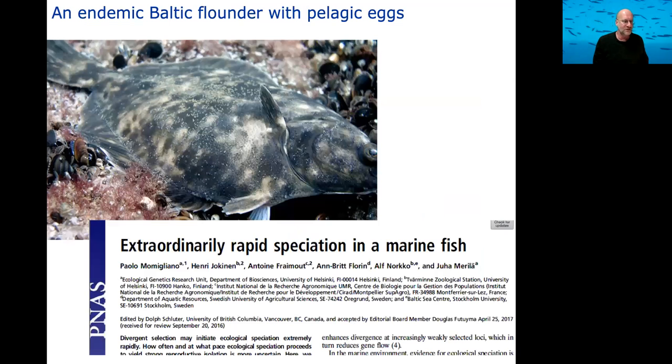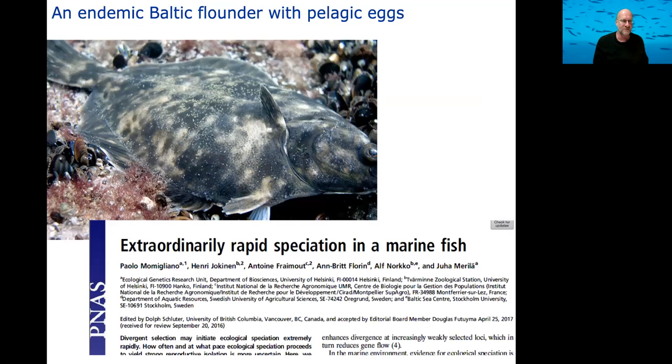Another speciation that probably every ecologist would buy as a true speciation is in flounder. So I had already mentioned that the deep sea oxygen situation in the Baltic is bad. It's historically bad, but it also became much worse.